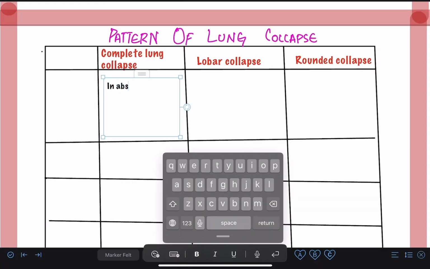In complete lung collapse, in the absence of pneumothorax, a large pleural effusion, or extensive consolidation, they cause opacification of the hemithorax.